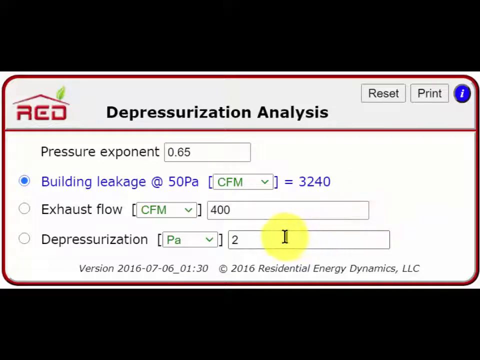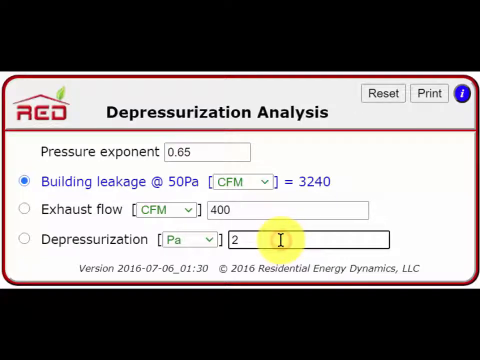The depressurization, I am assuming, back to the table 1 that I showed you, the appliance depressurization limits. This assumes a water heater installed by itself, not commonly vented with any other appliance. It's often referred to as an orphaned water heater.